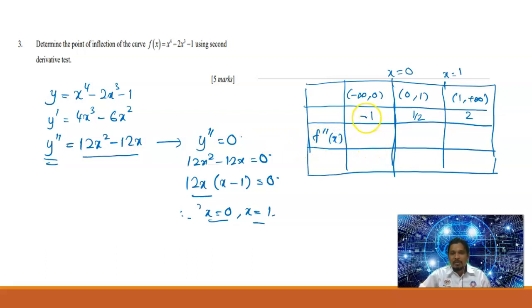Class, substitute x equal to negative 1 into f double prime, which is 12 times negative 1 squared minus 12 times negative 1. This gives 12 plus 12, 24, which is positive.